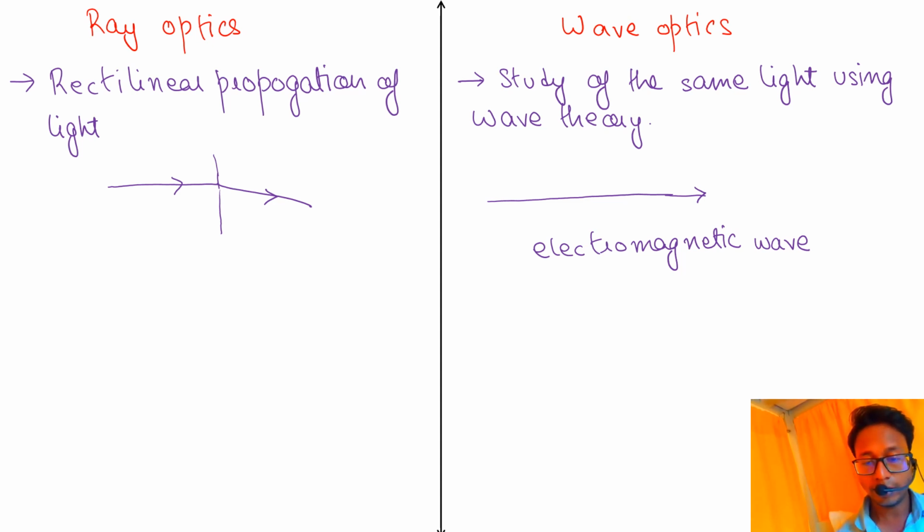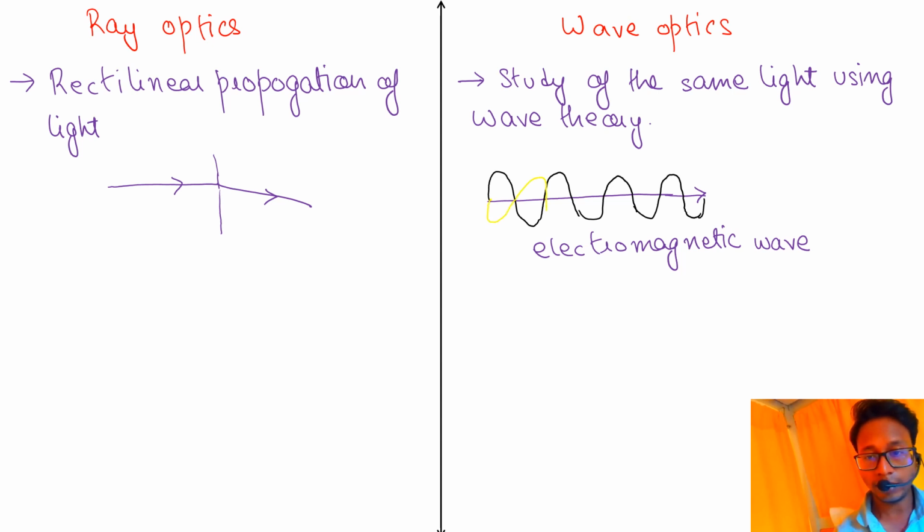What do I mean? See this example. Suppose in an electromagnetic wave, these are the fluctuating electric fields. That means these are the values of the electric field, and the direction of the wave is in this direction, from left to right. How will the magnetic field look? The magnetic field would look somewhat like this.